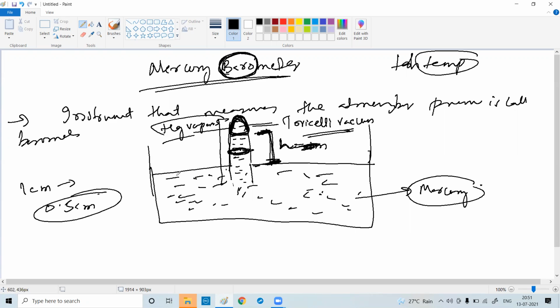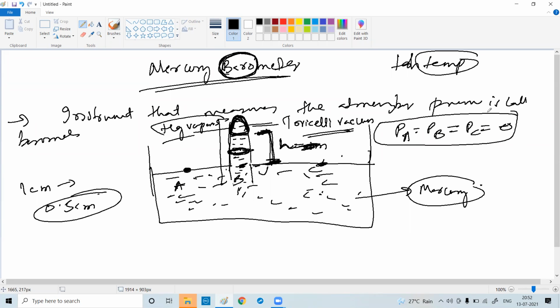So what exactly happens? We have already seen that the pressure at point A, point B, and point C. The pressure at point B and pressure at point C are the same. Why the same? Because of Pascal's law, they are at the same level.